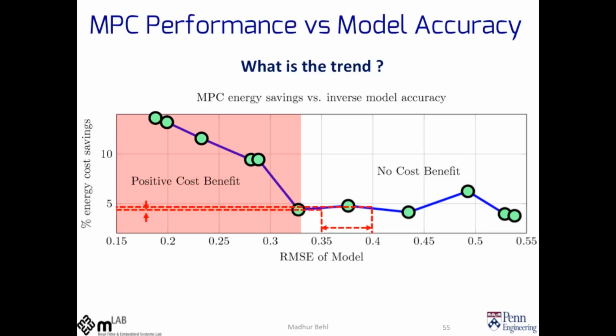But if you were to improve by the same degree in another part of the curve, you can expect a better return on your investment in terms of the percent savings that you obtain. These kinds of insights are usually hidden from operators or control engineers who design these model-based controllers for buildings. But such a simple empirical method can assist them in analyzing the bounds on the error of the models that they can expect to work with and what it would cost them in terms of sensor cost.